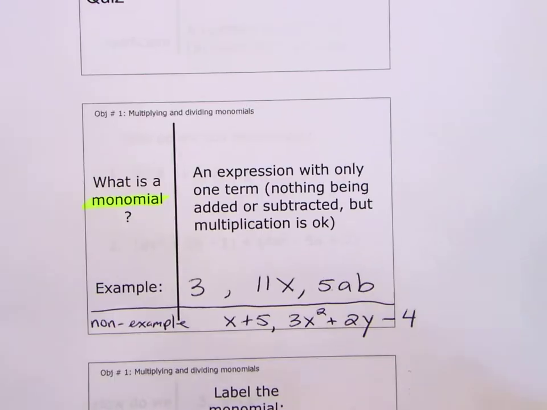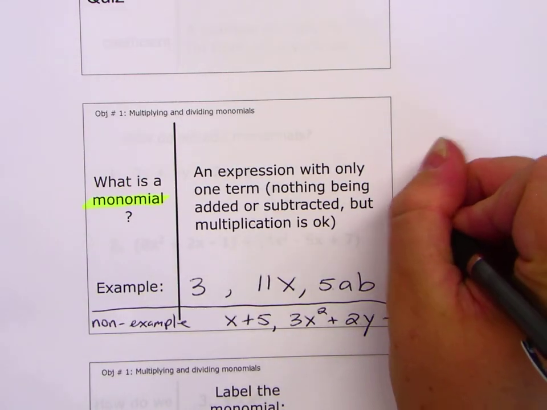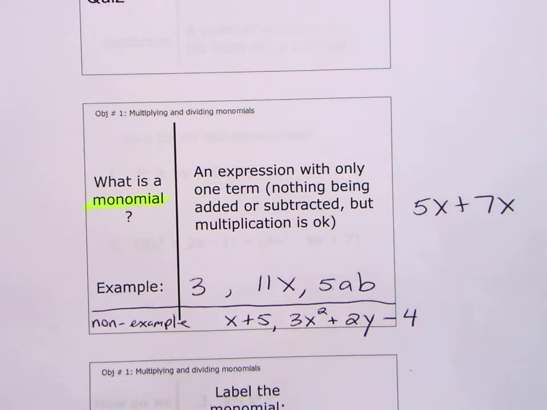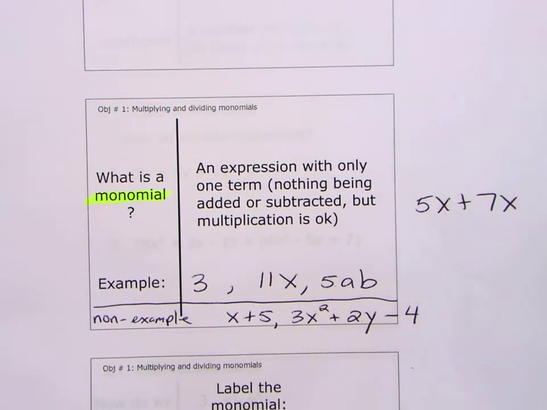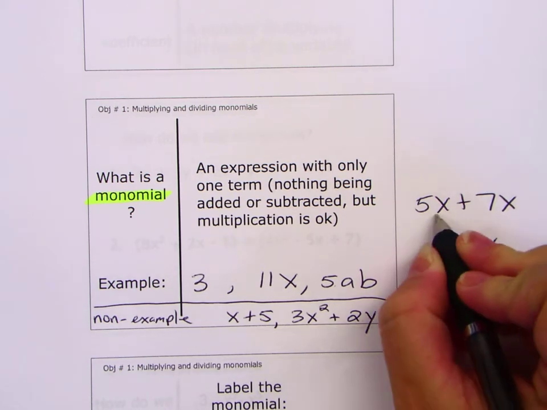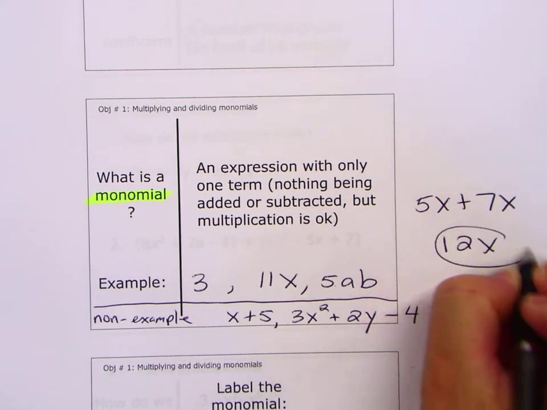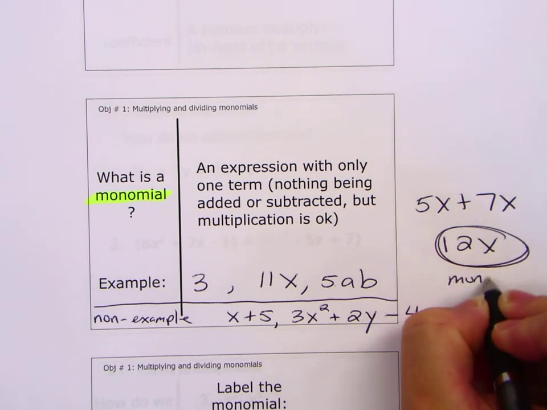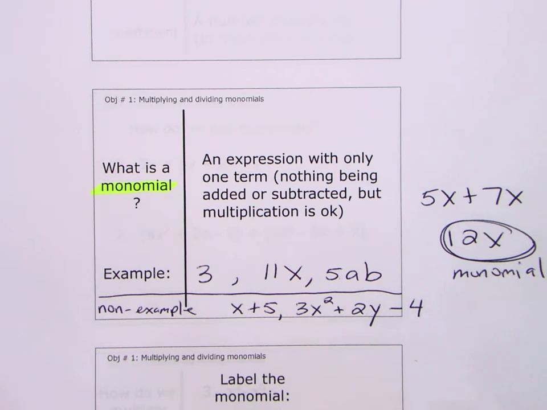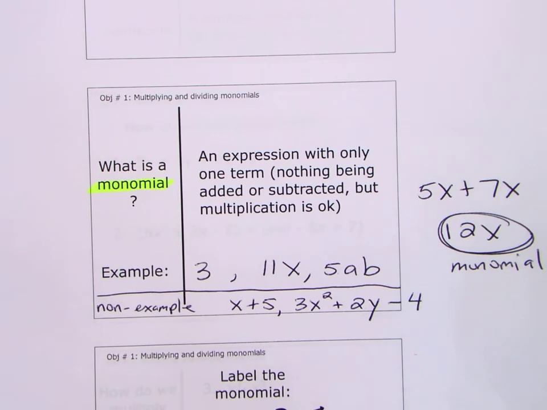Right. How about 5x plus 7x? What do you think? Is that a monomial? Nope. Or sorry, yes, that is a monomial because it's 12x. If you could add them together and it's one single term, that's a monomial. All right? If you need to pause to write, pause to write.